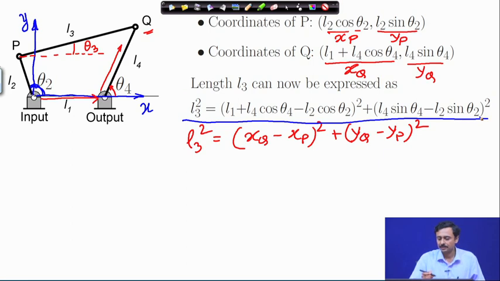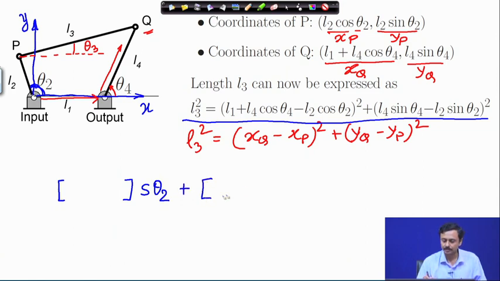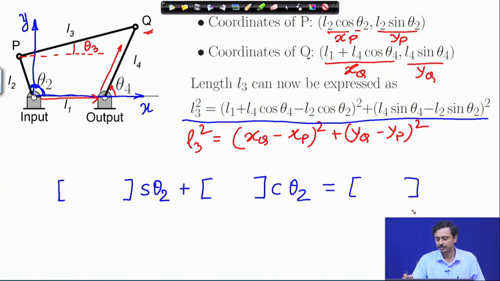we have seen we have various terms. Because we now want to find out theta 2, I will look at the coefficients of sin theta 2 and cos theta 2, and club all the other terms which are independent of theta 2 on one side.